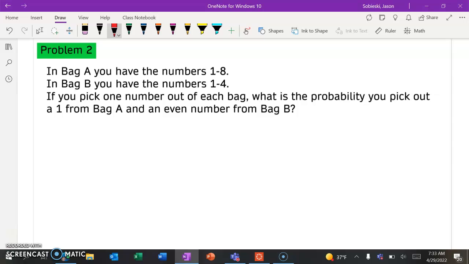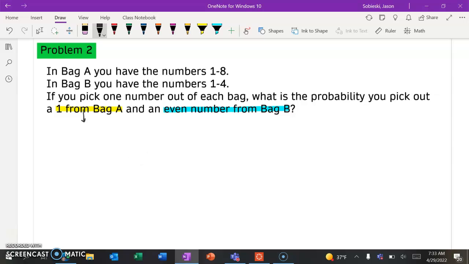Okay, so problem 2. In bag A, you have the numbers 1 through 8, and in bag B, 1 through 4. So if you pick one number from each bag, what is the probability that you first pick out a 1 from bag A, and then an even number, any even number from bag B? So let's think about it.